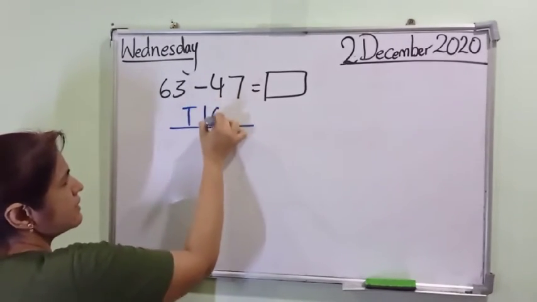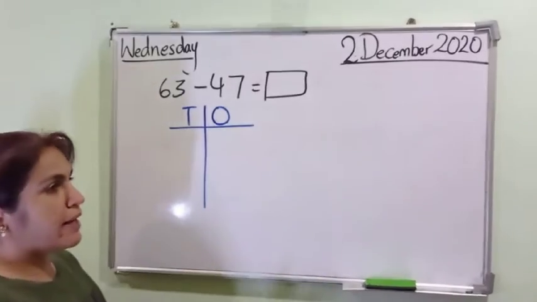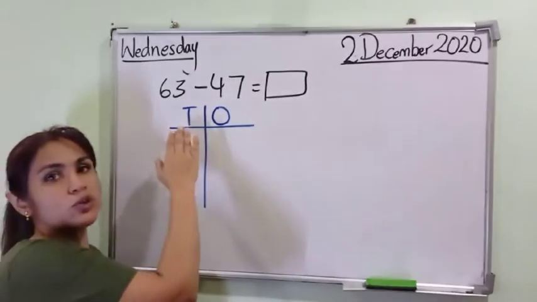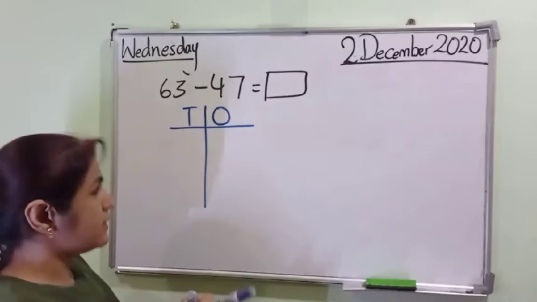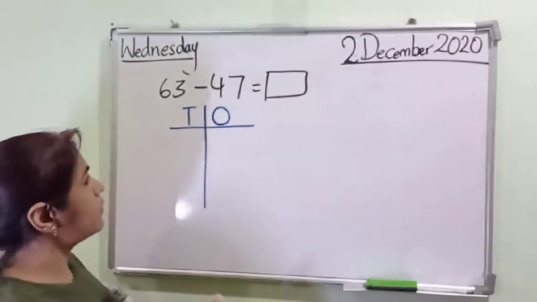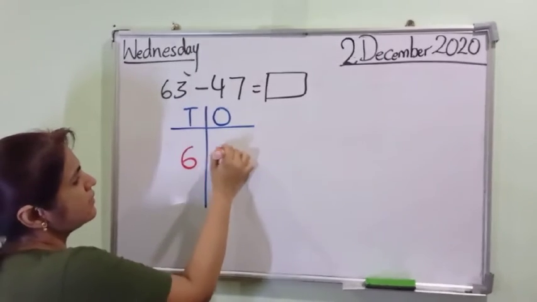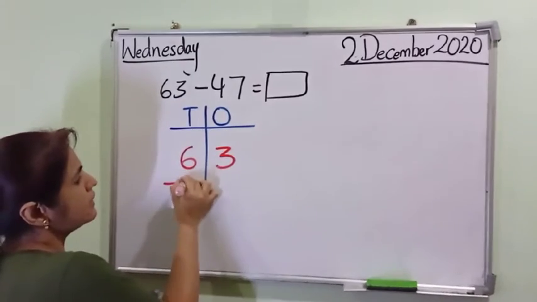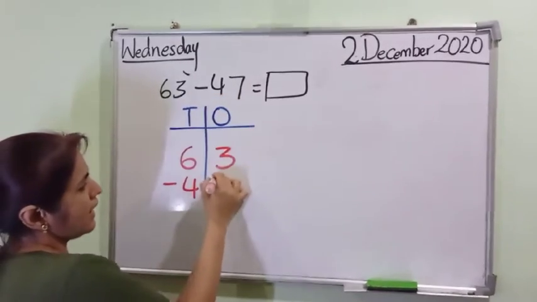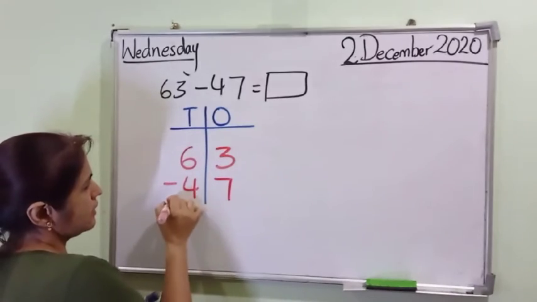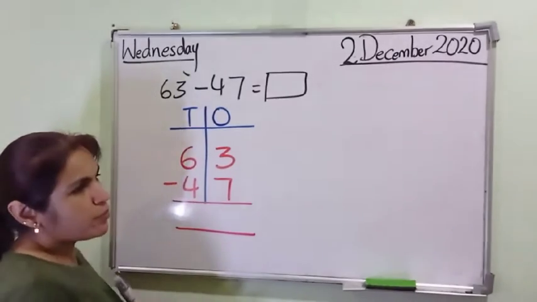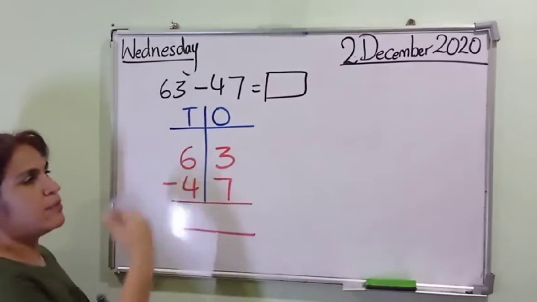This is tens, this is ones. Now let's place the numbers according to the tens and ones. Here we will be writing 6 tens, 3 ones minus 4 tens and 7 ones. Okay, so we have put the number on the table.